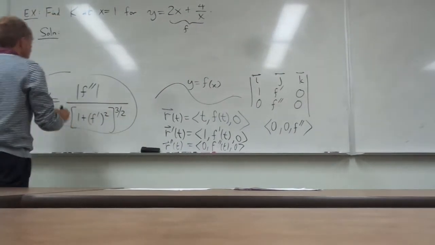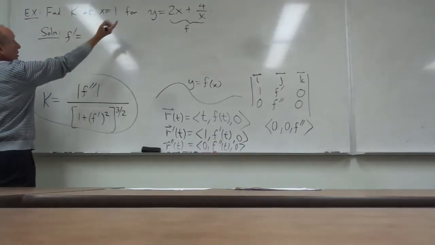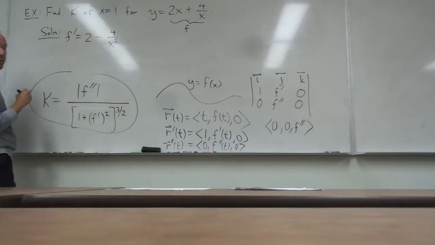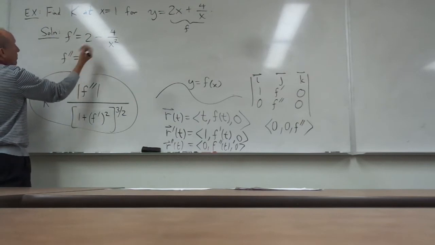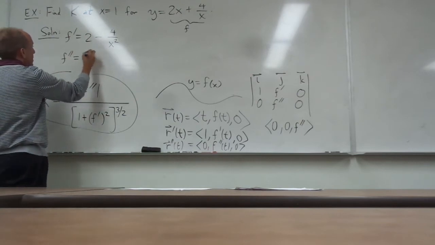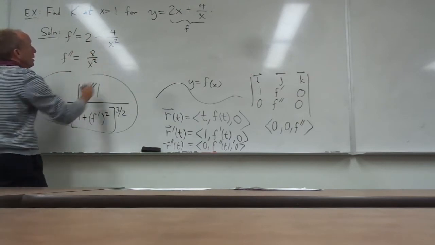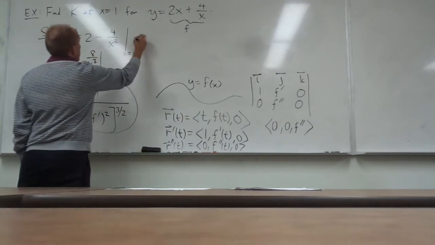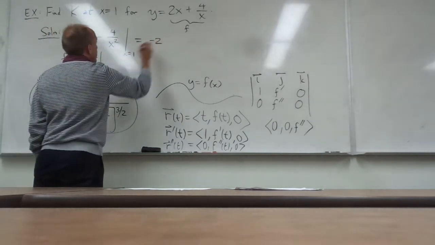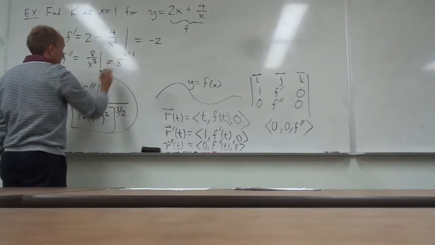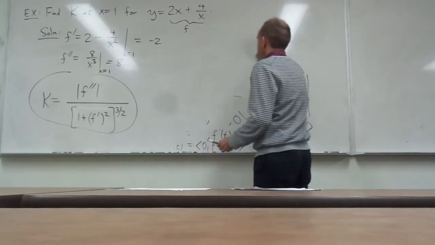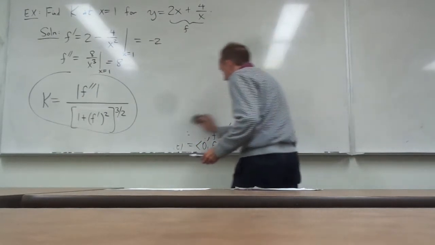I'll just point out here, f prime, the derivative, would be 2 minus 4 over x squared. And f double prime, take another derivative, would just be 8 over x cubed. Both of these are going to be evaluated at 1. When I plug in 1, I'll get negative 2 for the first derivative, and I'll get 8 for the second derivative.